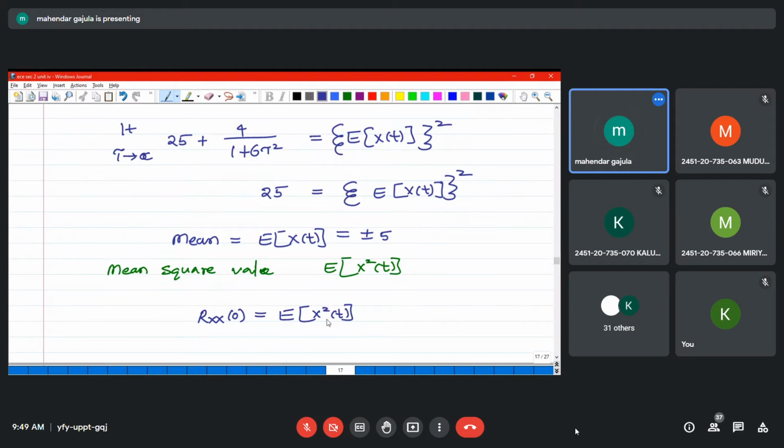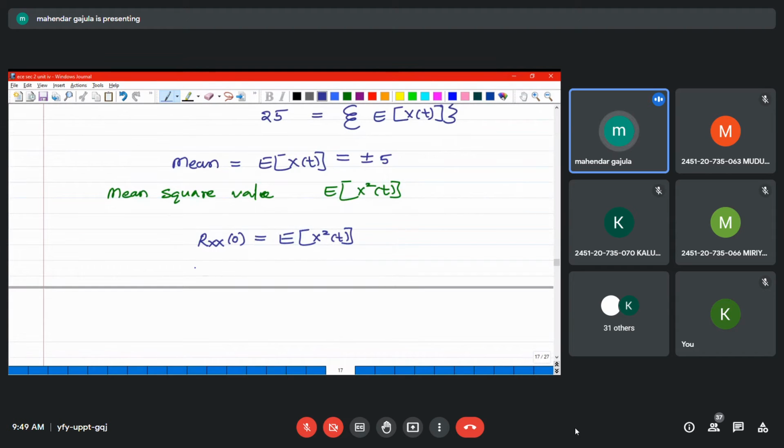On substituting tau equal to 0 in the given autocorrelation function, we get the mean square value. So expectation of x square t, nothing but the mean square value, is 29.